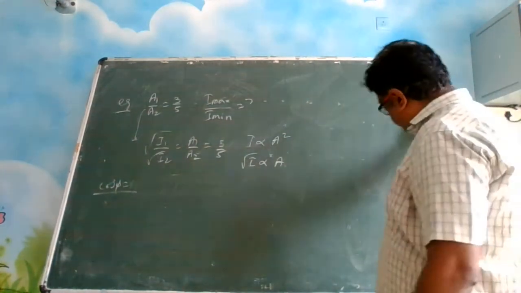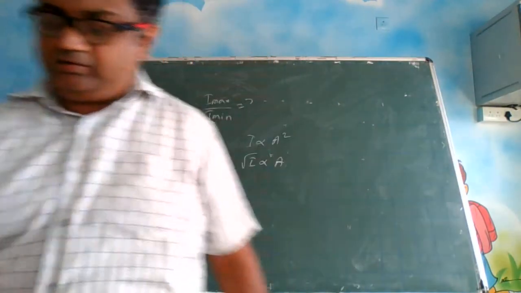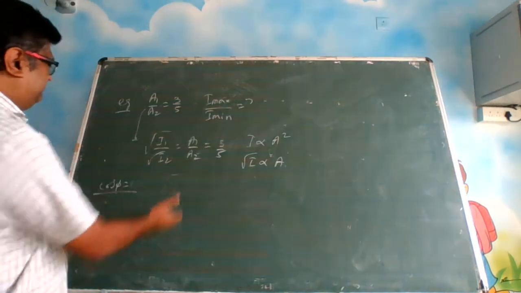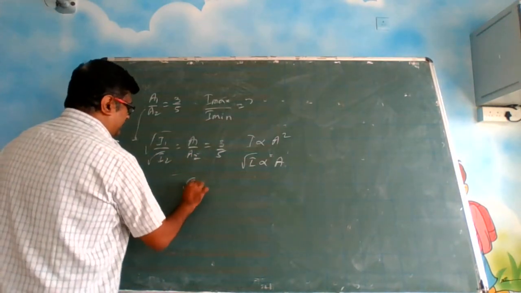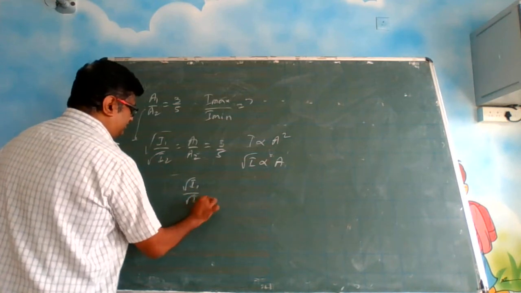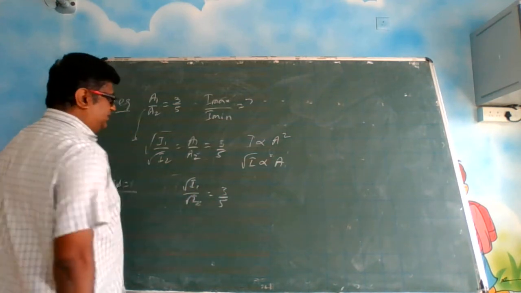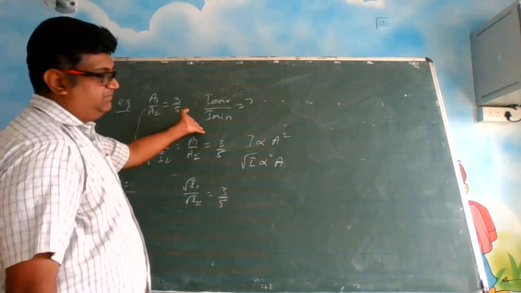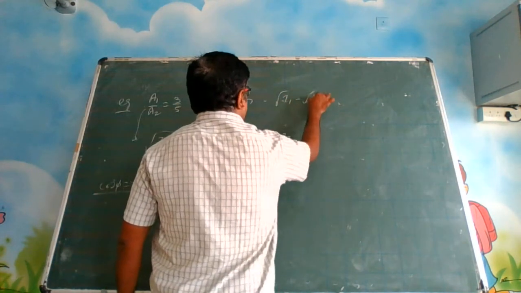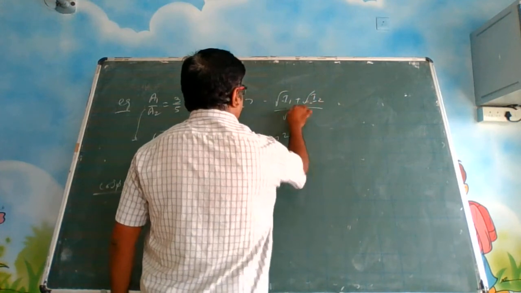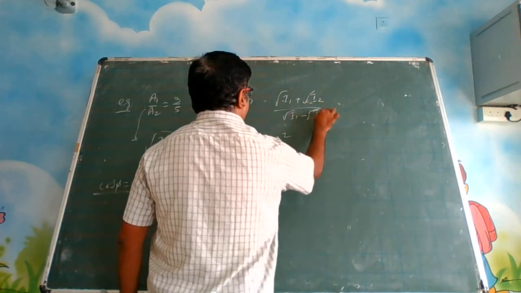The second method, I'll just give you the hint. You can just try. Easy it is. From here it is pure mathematics. You are saying that root over I1 by root over I2 is equal to 3 by 5. And you have to find out I max by I minimum. So here you have got an expression that it is root over I1 plus root over I2 divided by root over I1 minus root over I2 whole square.